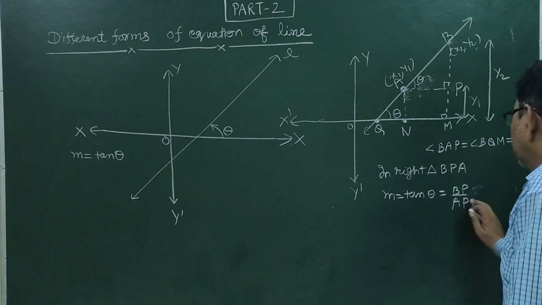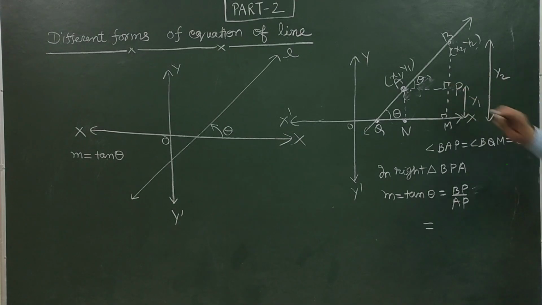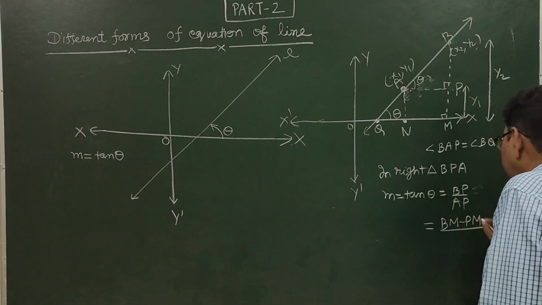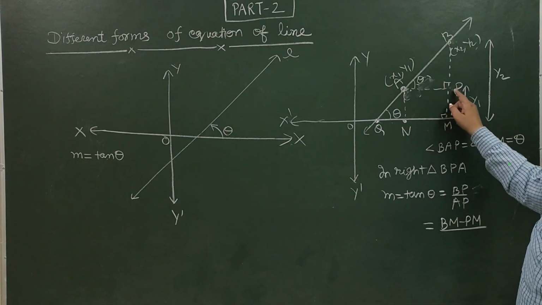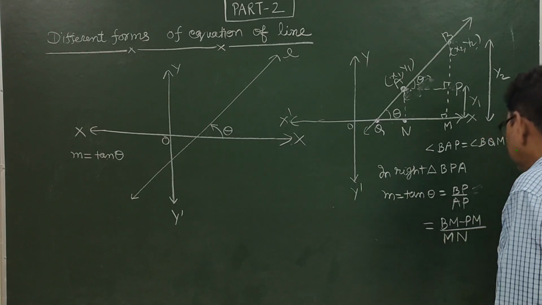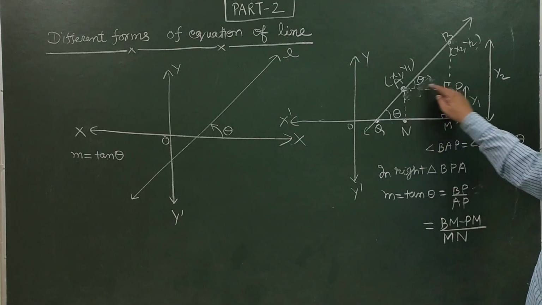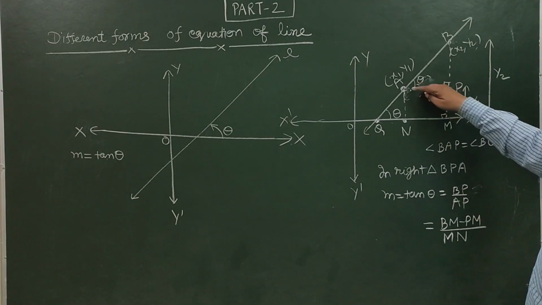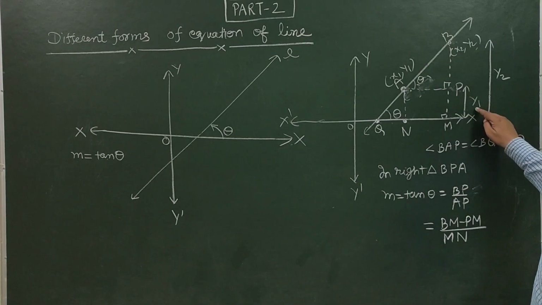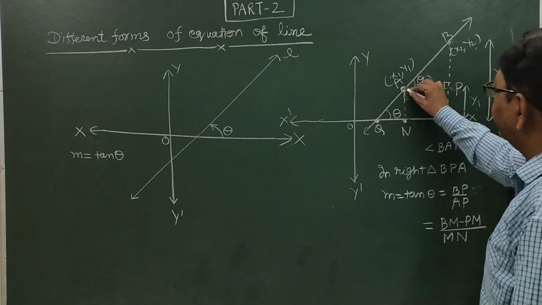So we can write BP is equal to BM minus PM, upon AP. AP is equal to MN, because APMN is a rectangle. So PM is equal to AN, that is the y coordinate of point A, which is y1.